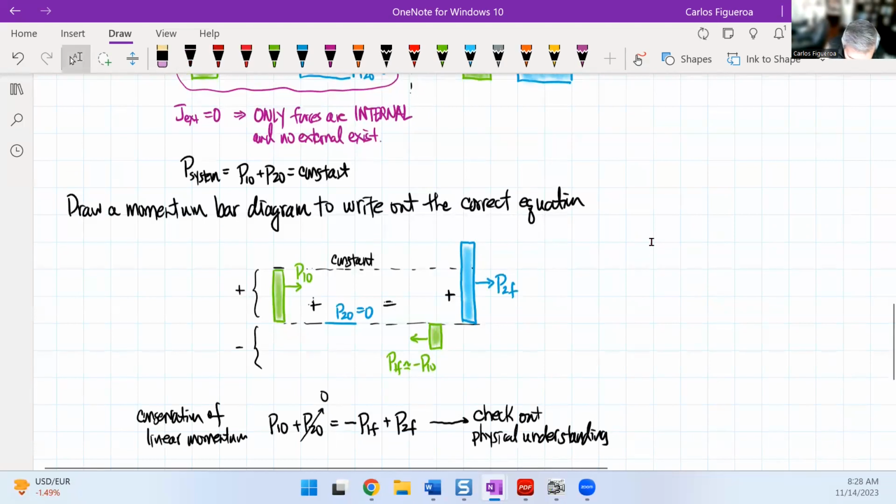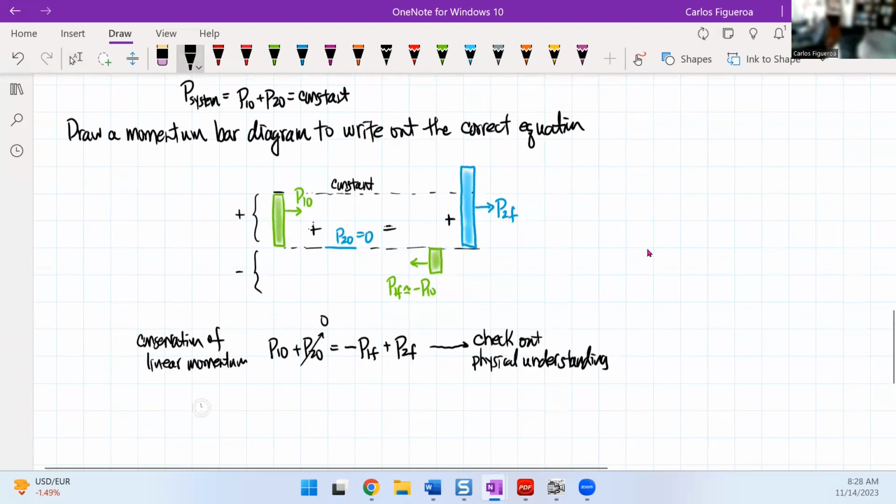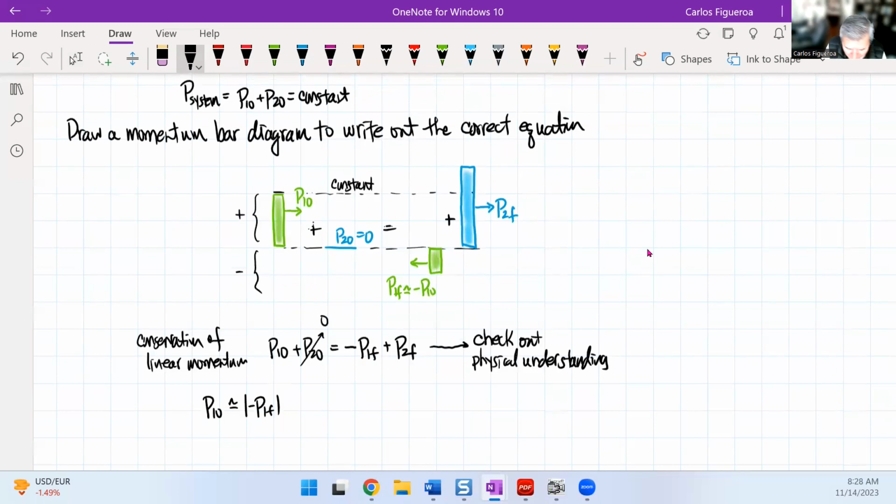And what do I mean by that? Well, what we said is that the momentum P1 initial should be approximately P1 final. So is it? And we expect that the momentum P2 final to be, I'm going to say, much larger than P1 initial.